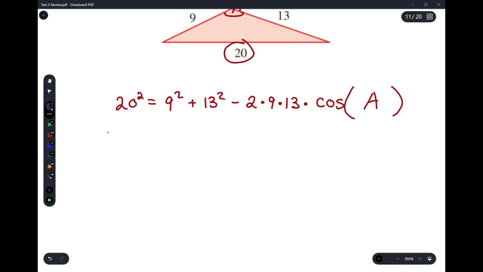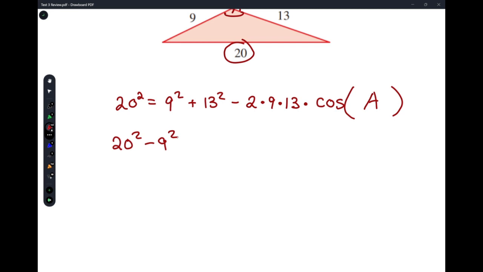So I'm going to go 400, 20 squared minus 9 squared minus 13 squared, right? Y'all cool with that? Divided by negative 2 times 9 times 13. That's going to get me cosine. This is a cool way to look at it.